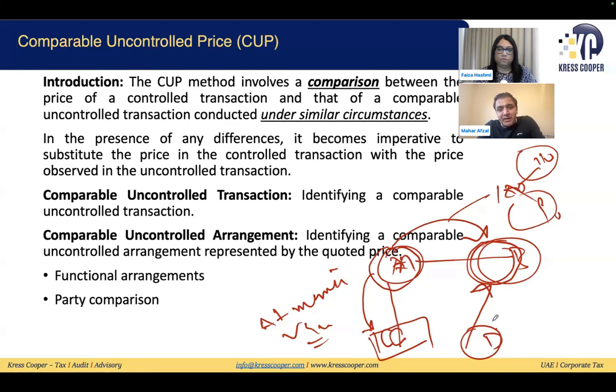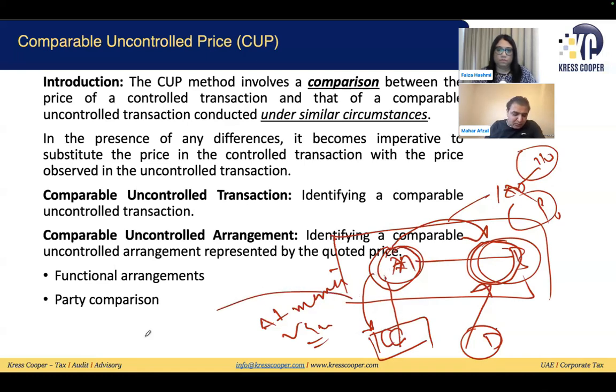The price between A and B can be compromised, because both are related parties. If we compare the price between A and B, which are related parties, with an uncontrolled transaction price, A and C is an uncontrolled transaction. In the same way, D and B is also uncontrolled.